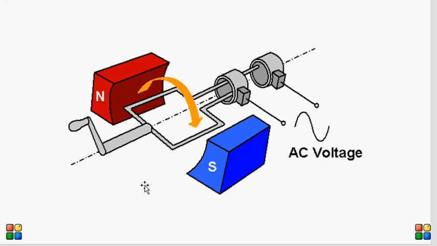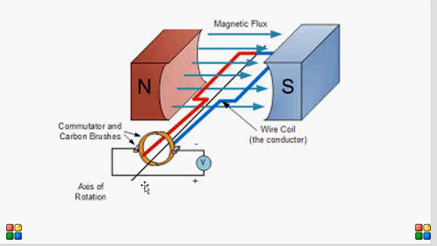And let's go on to the DC generator. The DC generator is similar to the DC motor, but it produces electricity, whereas the DC motor uses electricity for mechanical motion. Basically, there are two fixed magnets, and we can use neodymium magnets or electromagnets.